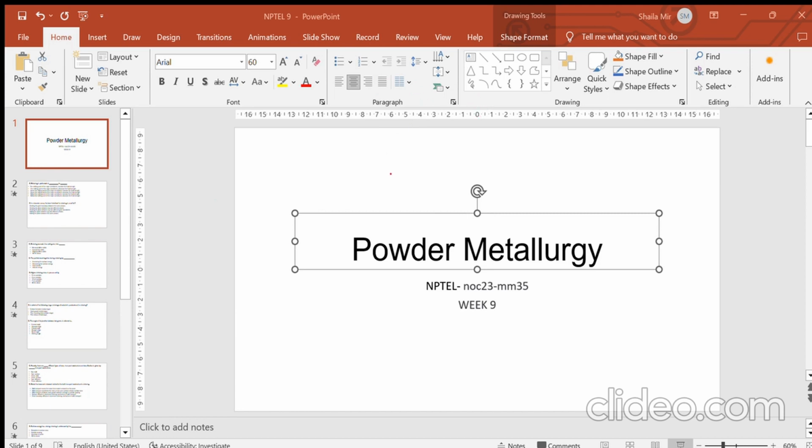Now you are sintering it, and the density of the particle has obviously changed. So this is your green compact and this is your sintered product. During this, the density of the material changes. This is your green density, and this is your sinter density, right?